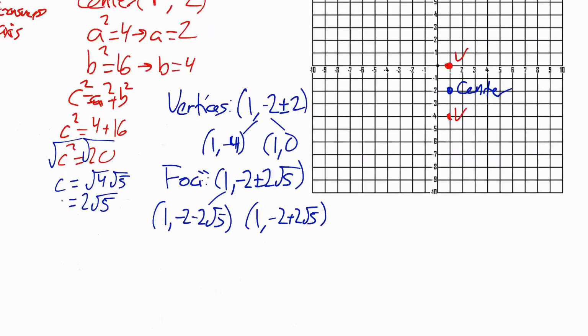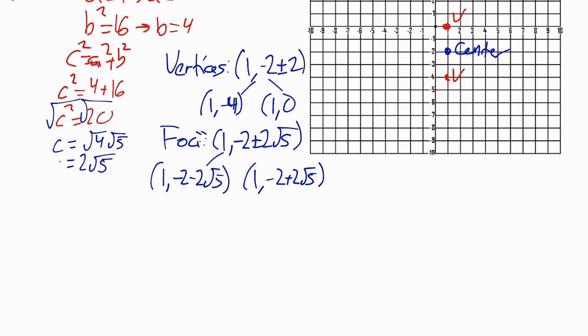Now from here, I would suggest typing that into a calculator. We're going to end up with 1 comma about 2.4, sorry, I'm doing that one wrong. I was looking at the other one. Let's do -6.47, and the other one, -2 plus 2 root 5, is going to be approximately positive 2.47.